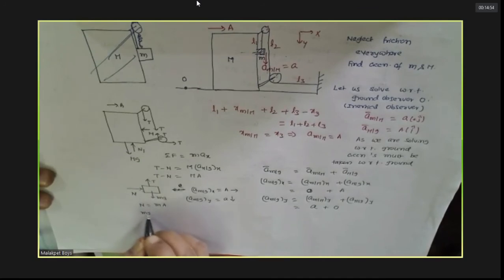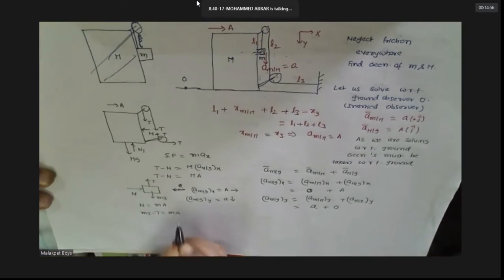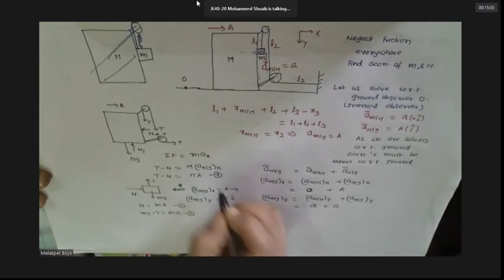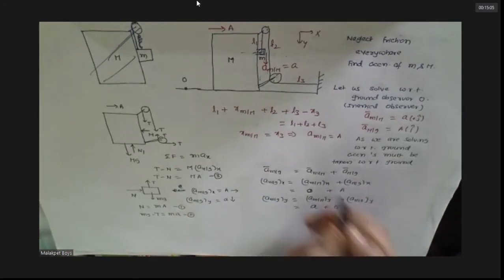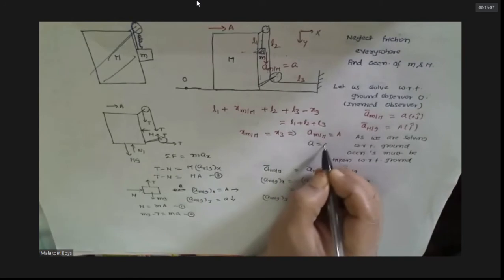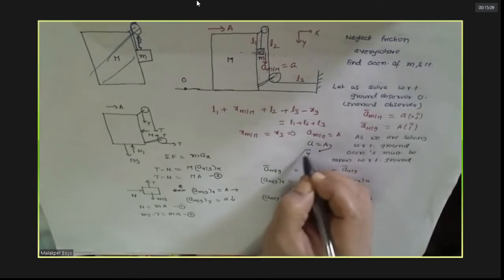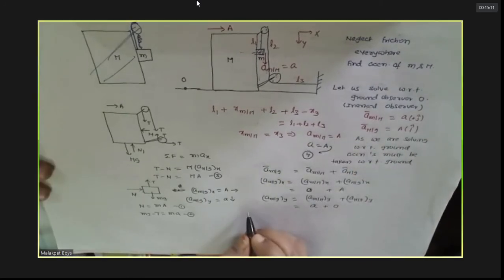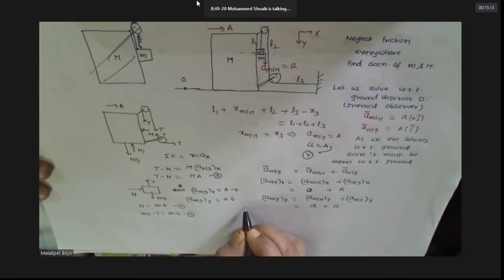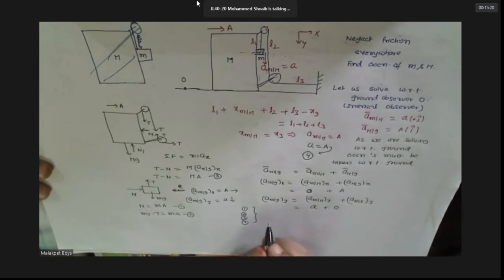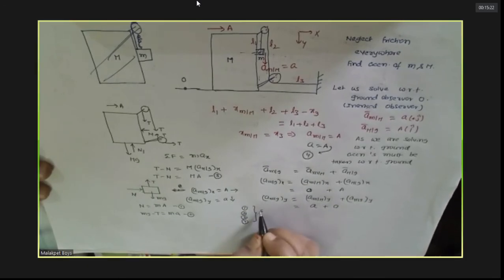Okay, mg minus T equals ma. This is the fourth equation. So you are having four equations. Acceleration equal to mg by M plus... So solve this. You'll be getting what is required.